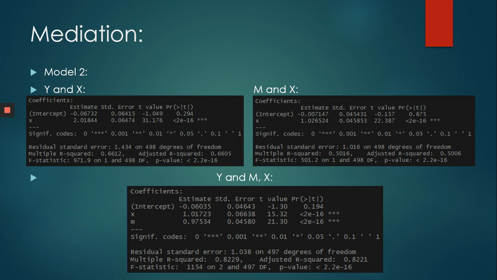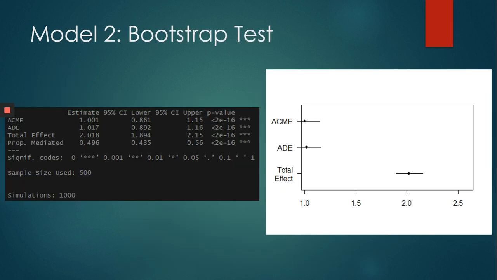So what does this mean? So when we throw it into our bootstrap analysis, just like before, we find that they're all significant. And when we look at our prop mediated, we have about a 0.5, which indicates that if the term existed, we have perfect partial mediation.